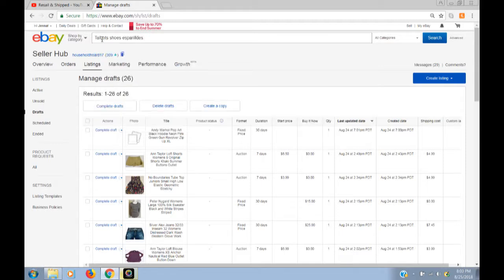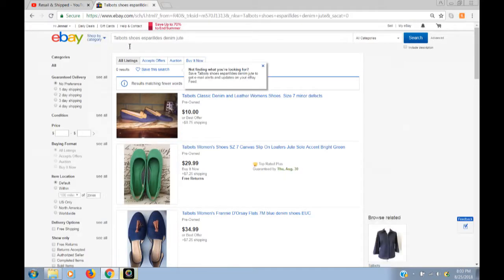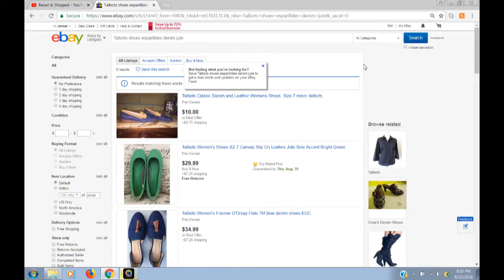Hopefully it'll find out if that's exactly what it is. And I'm just going to type in denim and jute and see if they come up. Okay. None of these are looking like the shoes I was talking about, so I'm going to get rid of that word that I thought was something but must not be.